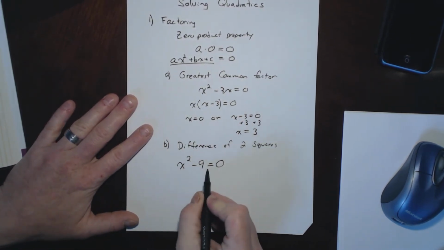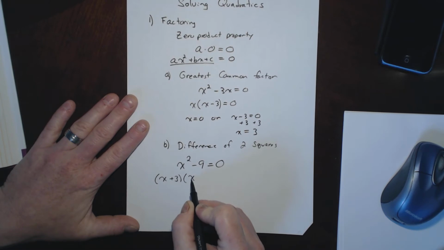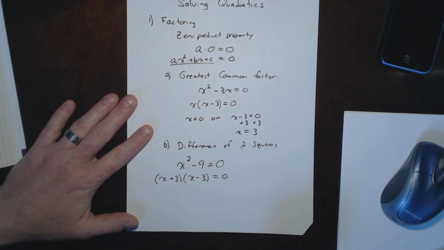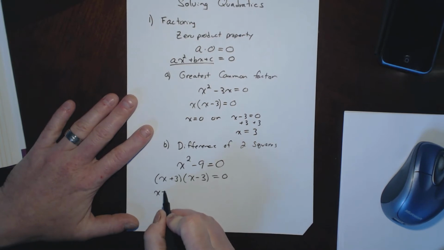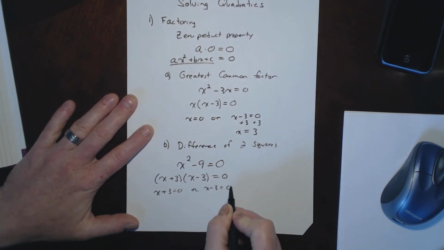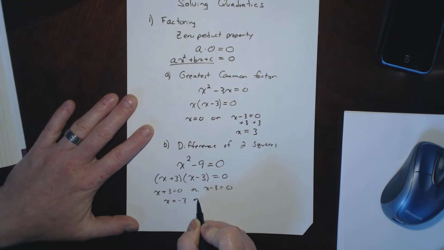We can factor this as the difference of two squares, and that factors into x plus 3 and x minus 3. Again, we apply the zero product property such that x plus 3 is equal to 0 or x minus 3 is equal to 0. Solving each one of these mini equations yields x is equal to minus 3 or x is equal to 3.